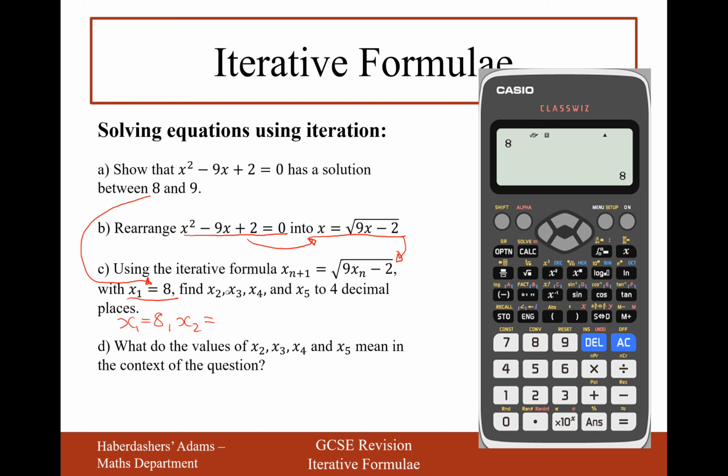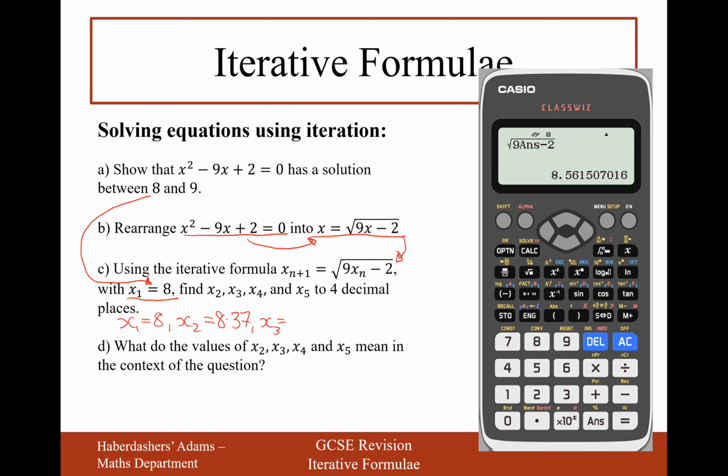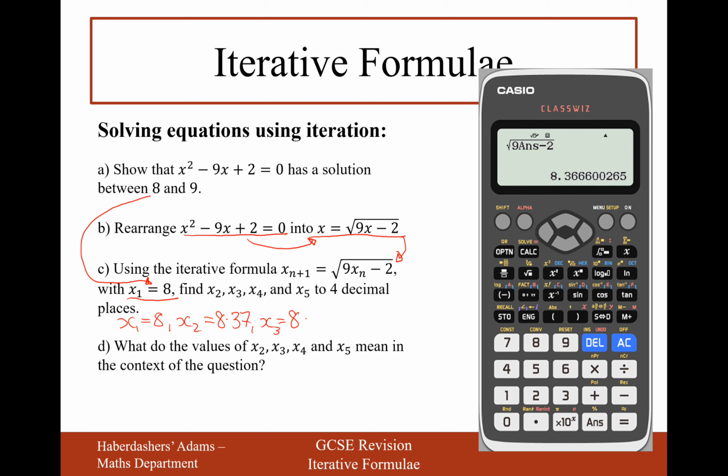Now we'll work out x2, x3, x4, x5 using this equation. So type in the square root of 9 times answer minus 2, and that will be 8.37. The next solution, you just press equals again. Oh, to 4 decimal places. Whoops, I'll have to go back one. 8.3666.